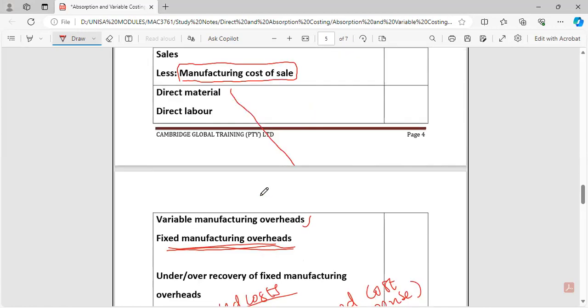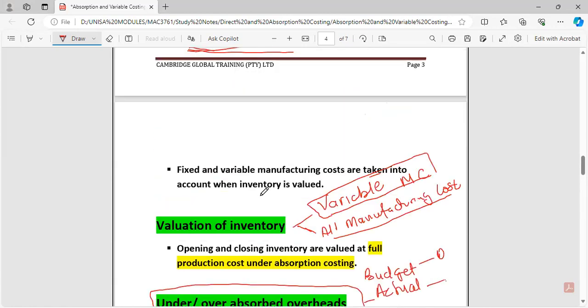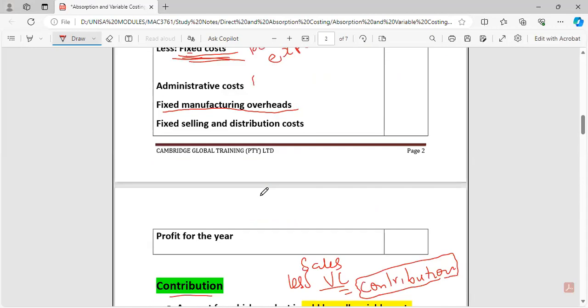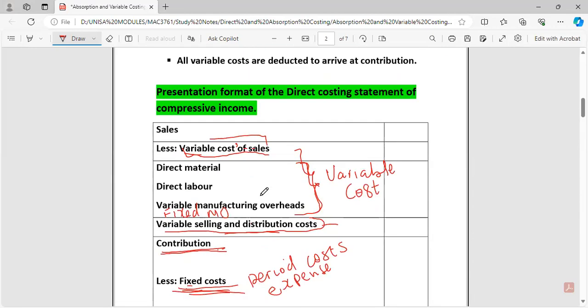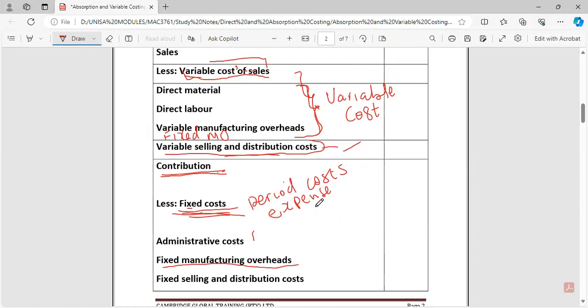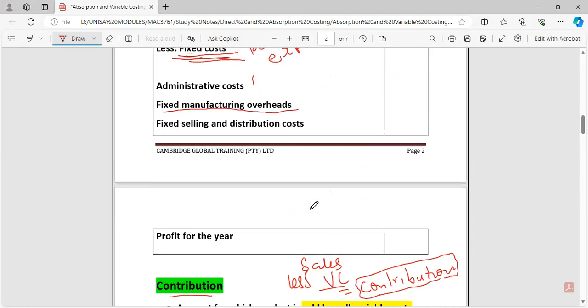So that's basically the difference. The difference between absorption costing and direct costing is only here. On the first part, under direct costing we take only the variable costs. All variable costs are going to be part of the cost of the product.